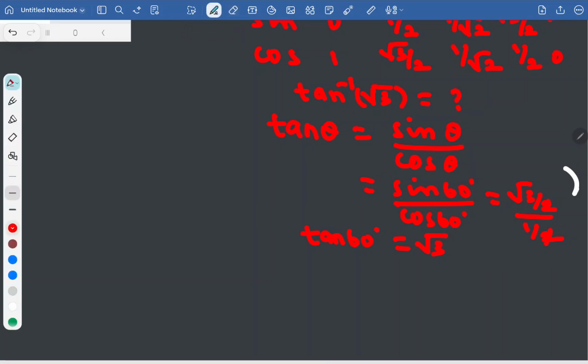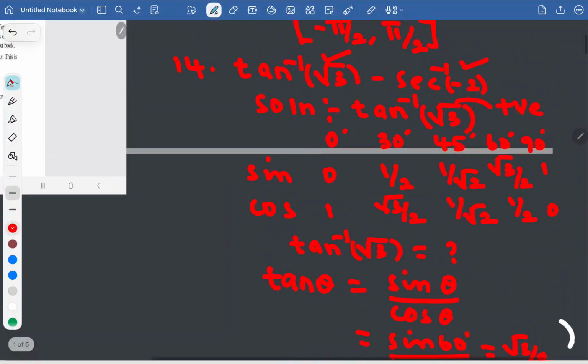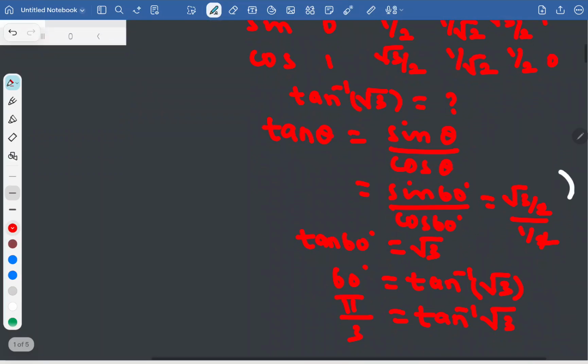Therefore, what is 60 degree? 60 degree means pi by 3, which is equivalent to tan inverse of root 3. For the first part, tan inverse of root 3, the value is pi by 3.